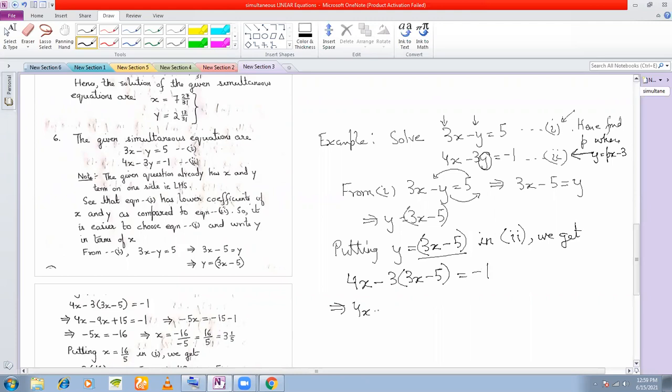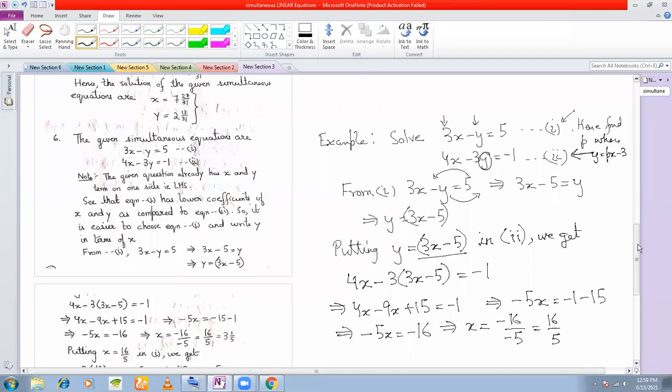So you get 4x minus 9x plus 15 is equal to minus 1. That means 4x minus 9x is minus 5x is equal to minus 1 minus 15. That means minus 5x is equal to minus 16. That means x is minus 16 by minus 5, which is 16 by 5.